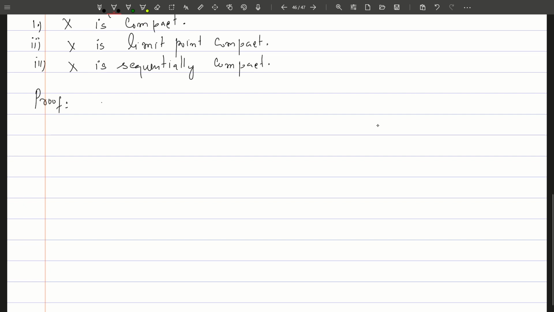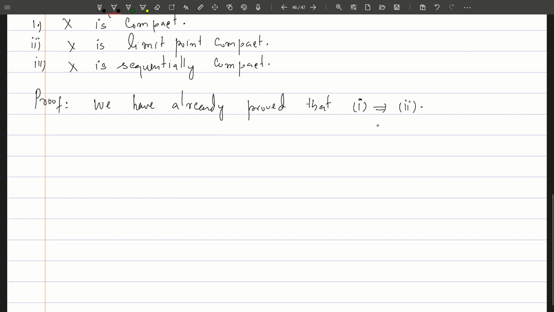So first implies second is proved in the last lecture, and we do not need the metrizability there. We have already proved that item first implies item second, and one can note here that while proving first implies second, we didn't use the metrizability of space X. So if X ceases to be metrizable, even then the compactness of X implies limit point compactness of X. So while proving first implies second, we do not need metrizability.